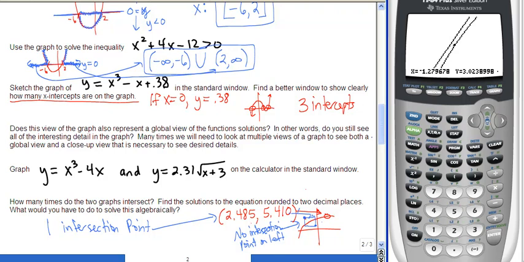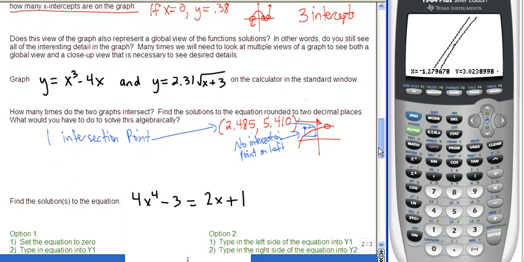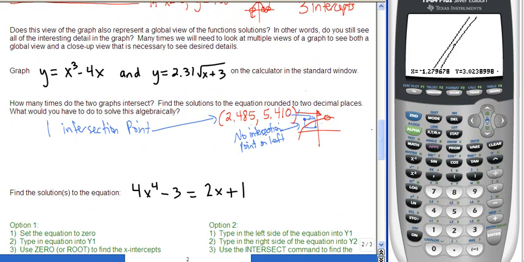Alright, so that's how you can use the intersect command on your graphing calculator to find where the two graphs intersect. Now, let's say I had asked you to do this problem algebraically. If I took away your calculator, what would it take to find out where these two graphs intersect? Well, if you want to know where two things intersect, you need to see where they equal each other.